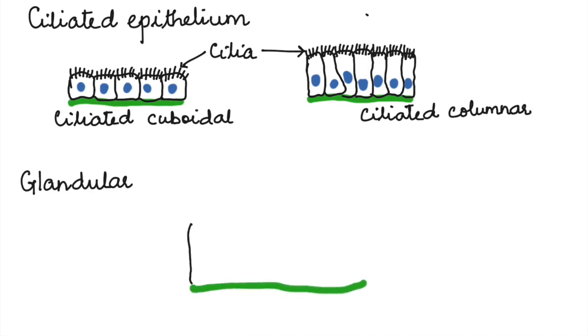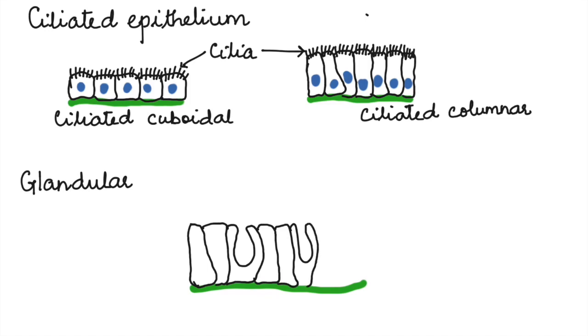Now again here we start by drawing the basement membrane, and here we show the columnar cells, and in between the columnar cells we show certain cup shaped cells. So the compactly arranged cells are seen here, and when we draw the nucleus, we have to make sure that they are not in one row, they are placed in different layers.